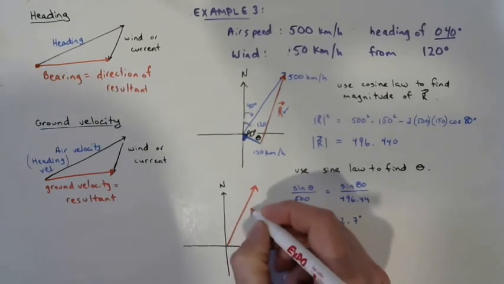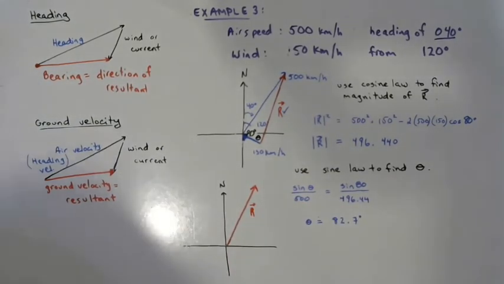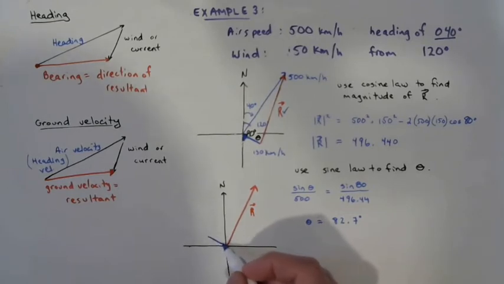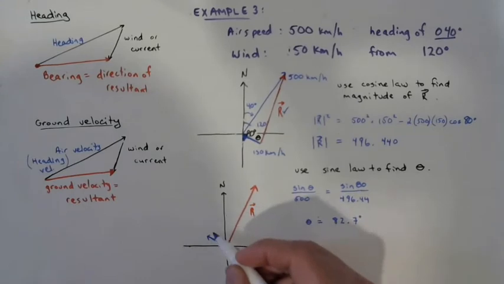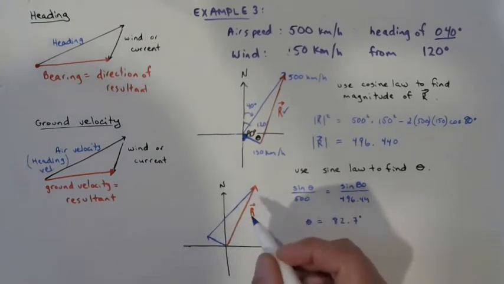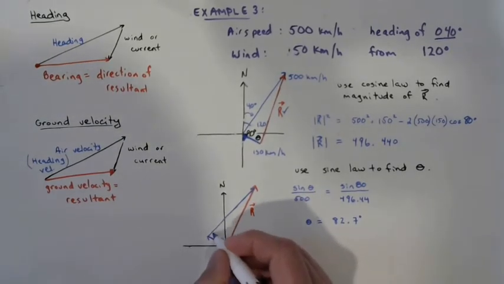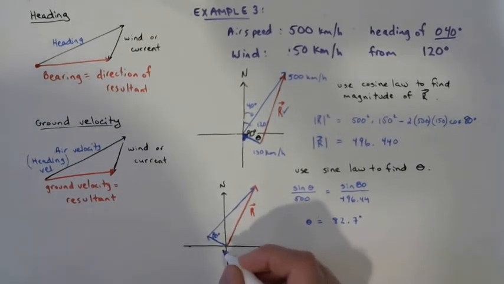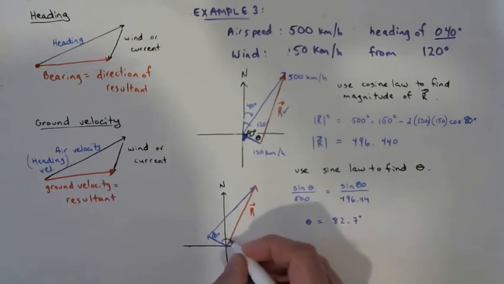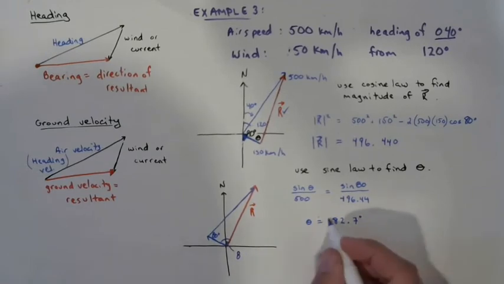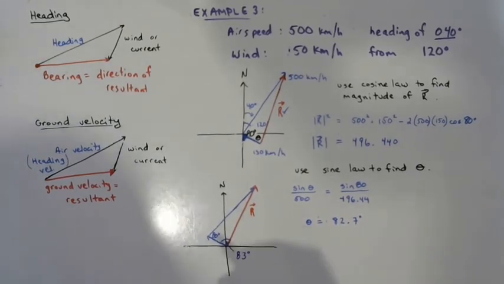And our other two vectors, our wind speed is like that, and our airspeed is like that. We found out that this angle is 80 degrees. And we also know that this angle, I'm just going to draw it over here, that's 82.7, 83 degrees.